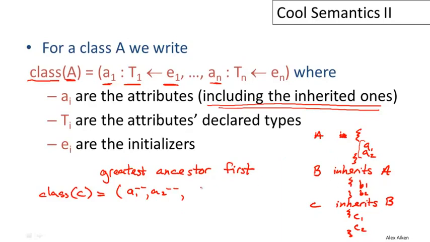Next would come the attributes of class B, along with the type and initializer for those attributes. And then finally, the attributes of class C, again in the order in which they're listed in the class definition. So that defines the order of the attributes for any class. It's always in the order from greatest ancestor down the inheritance chain to the class itself, that is the argument of the class function.